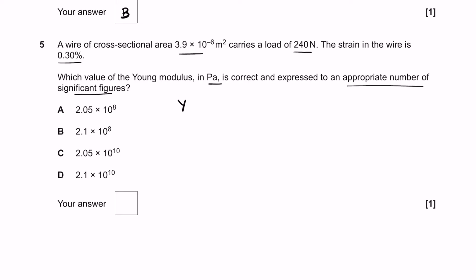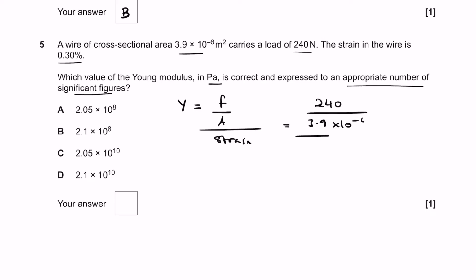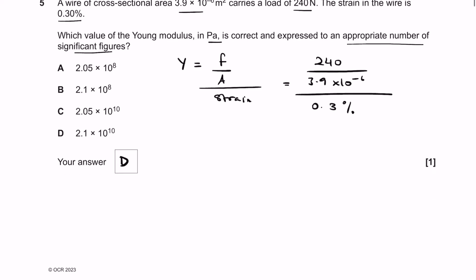So Young modulus is given by stress over strain, or force over area divided by strain, and we know force of 240 over the area of 3.9 times 10 to the minus 6, divided by 0.3%, and that ends up giving us 2.1 times 10 to the 10, up to 2 significant figures, as the rest of the values are also up to 2 significant figures. D is the correct option.